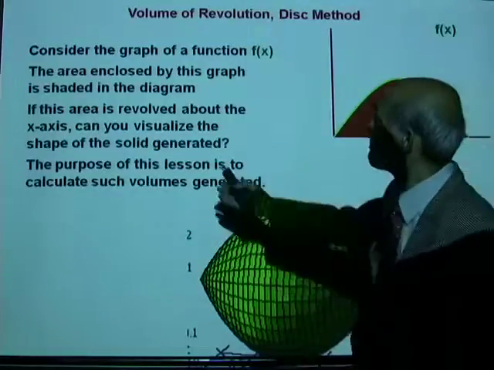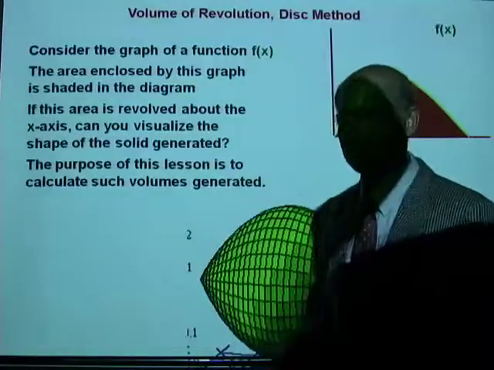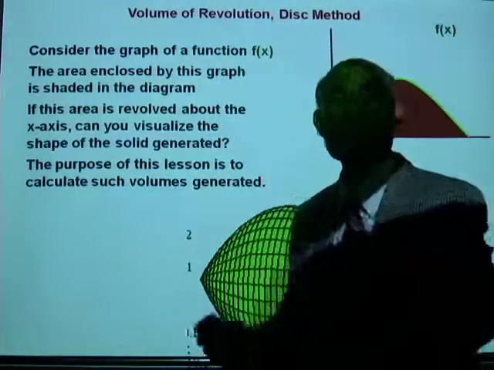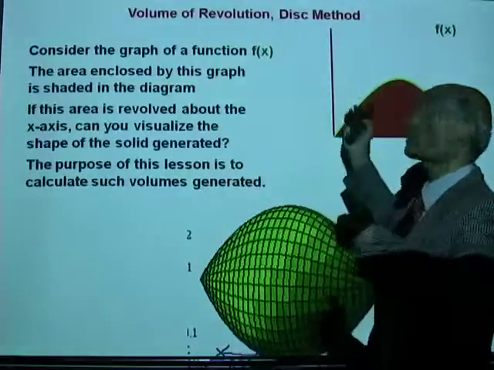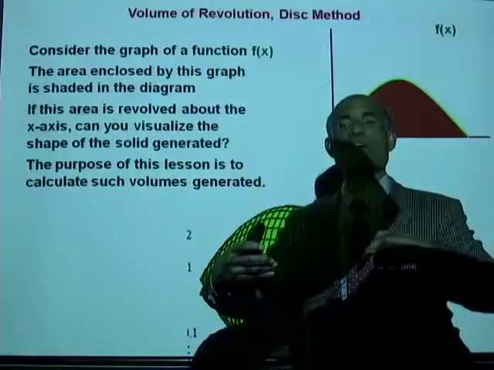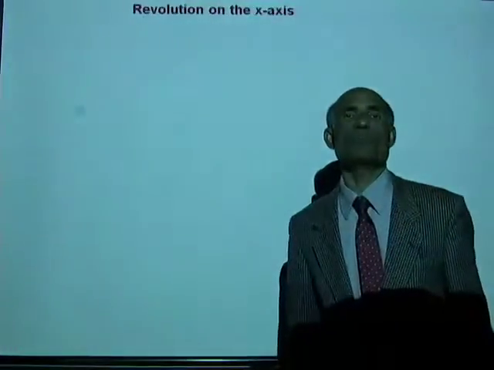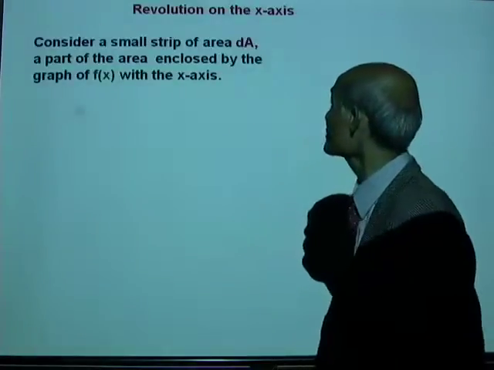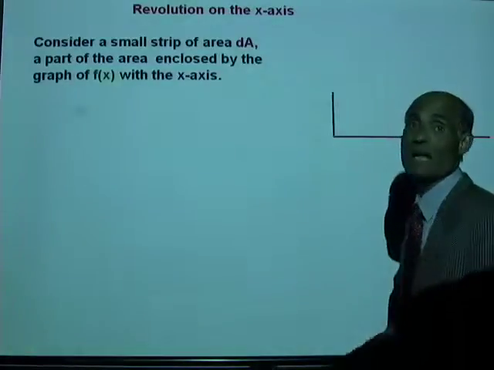All right. The purpose of this lesson is to calculate the volume of such solids generated by revolving a given area either about the x-axis or about the y-axis. Now consider a small strip of area dA.